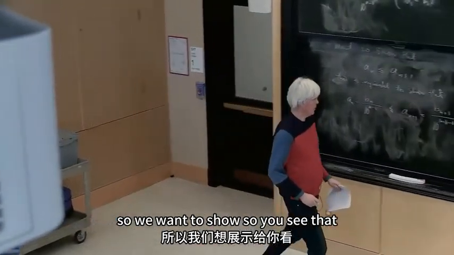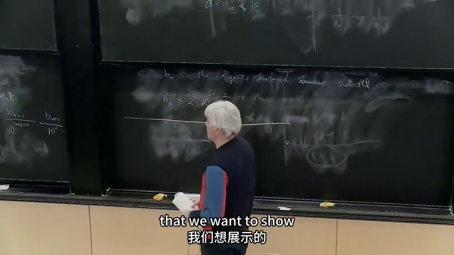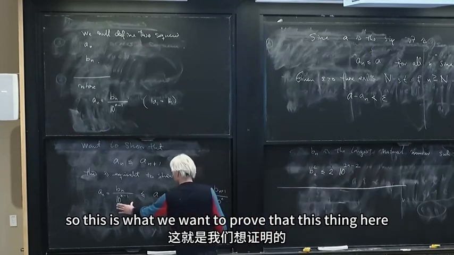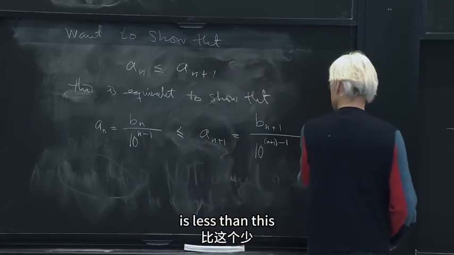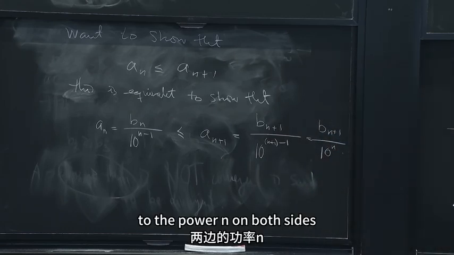So we want to show that this thing is less than this, if you multiply by 10 to the power n on both sides.